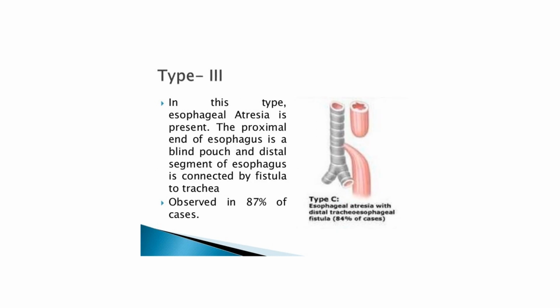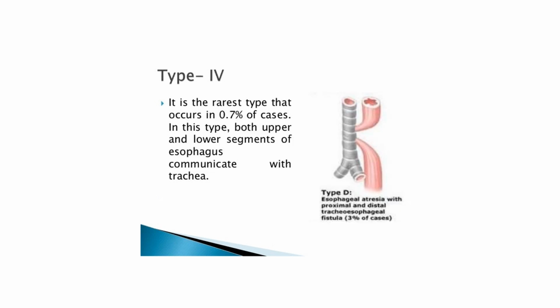Next is type 3. In type 3, you can see the distal end of the esophagus is abnormally connected with the trachea, while the proximal part of the esophagus is blind. In type 4, the esophagus is not developed properly, and both the proximal as well as the distal end of the esophagus are abnormally connected with the trachea.